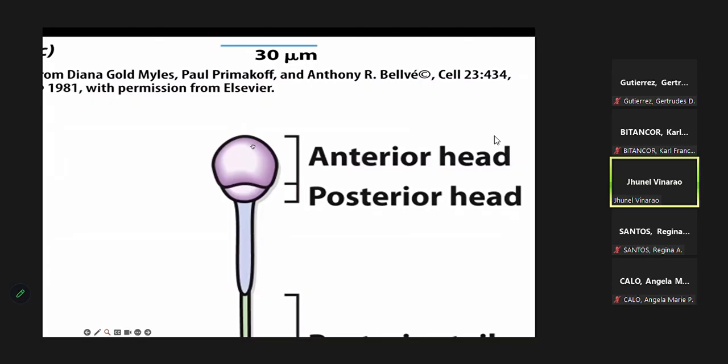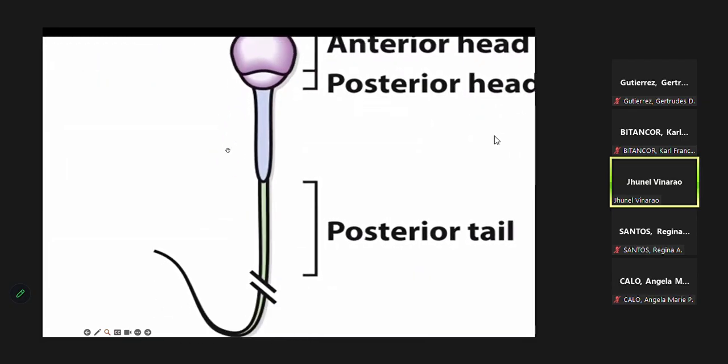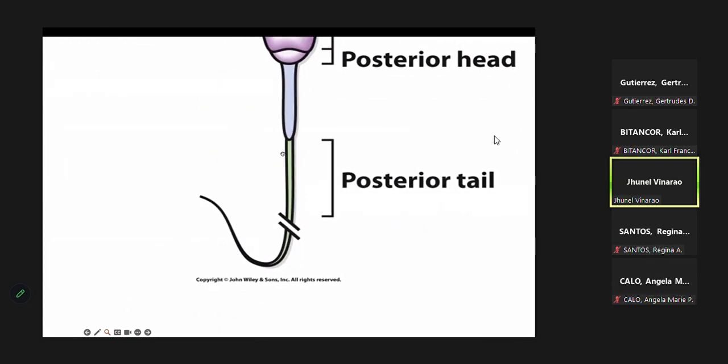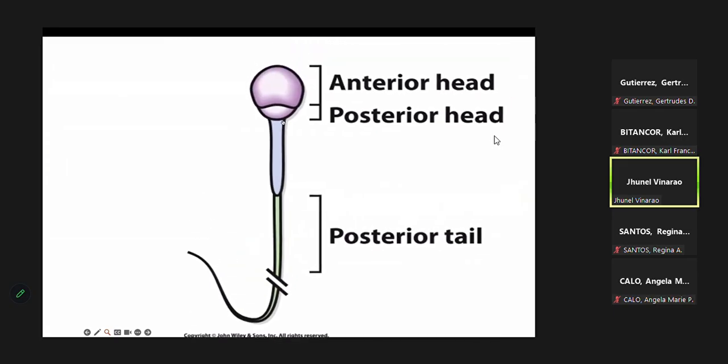And those ZP proteins are concentrated or can only be found in this part of the cell. So you also have different proteins found on the surface of the tail.